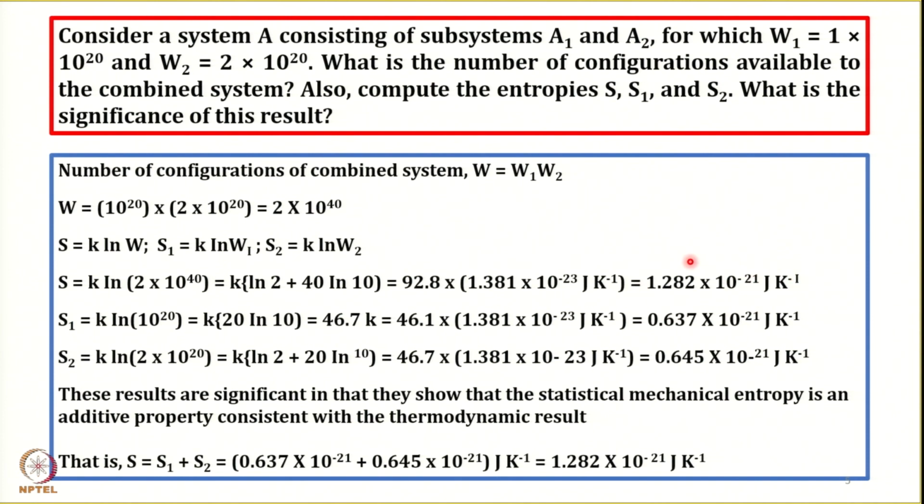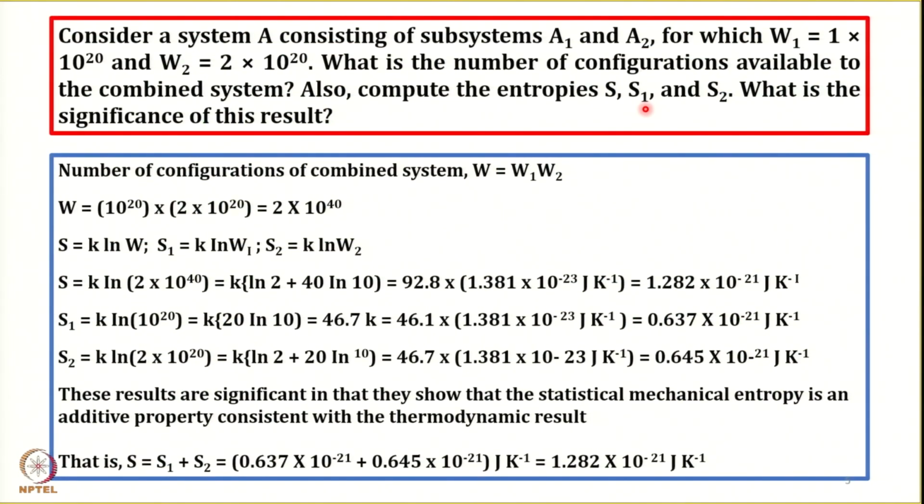So that is why this comment has been made that these results are significant in that they show that the statistical mechanical entropy is an additive property. When you say some property is additive, that means the overall entropy should be equal to the entropy of subsystem 1 plus the entropy of subsystem 2. That is the meaning of additive property.